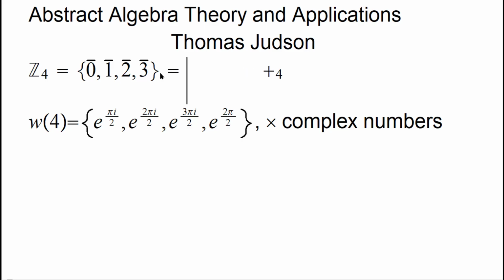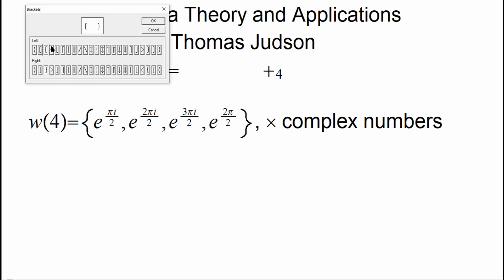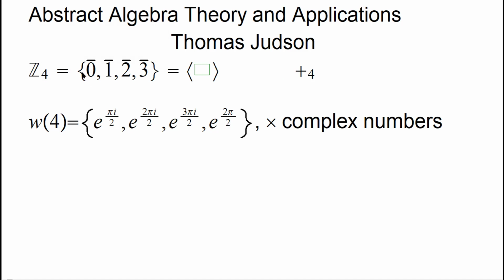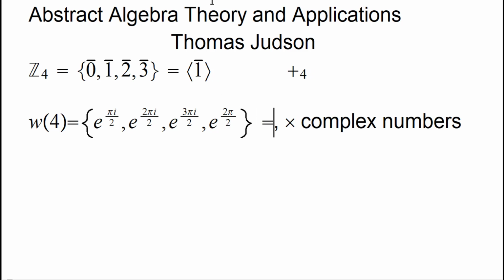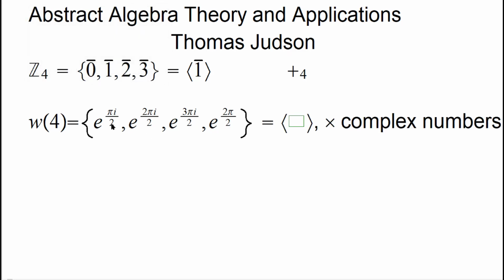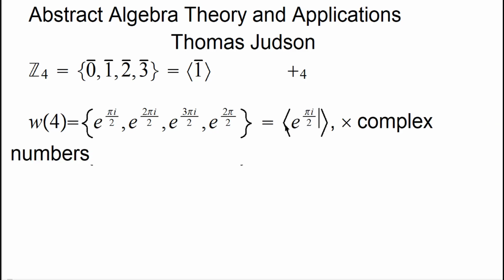A natural way to define it: this group is generated by 1, and 1 is one of the generators, and the other group is generated by e to the pi i over 2.